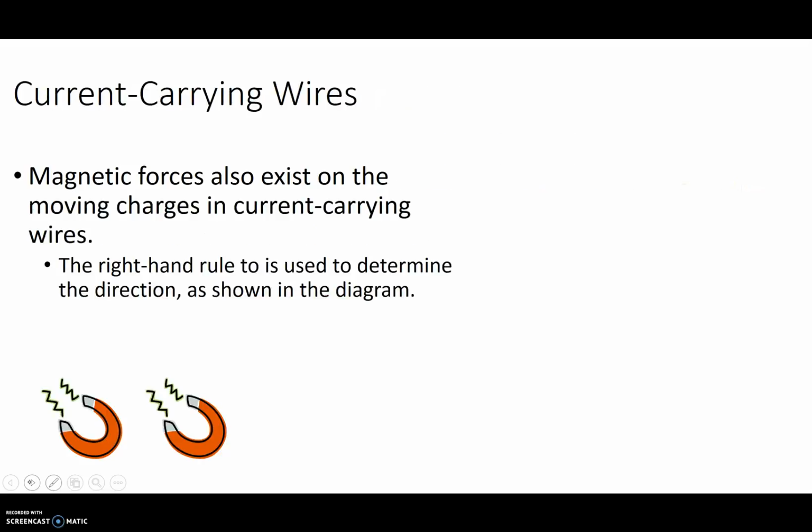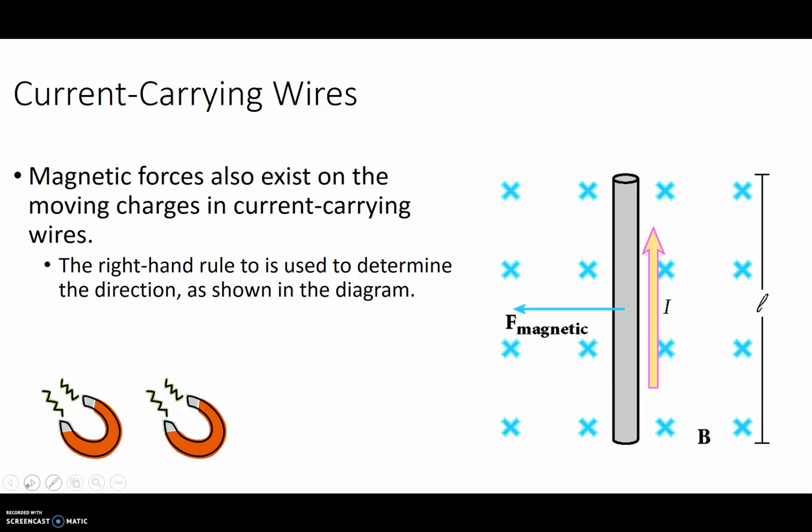And so if we just follow this basic rule, we got our current-carrying wire over here. We got our current going up. Our magnetic field, remember X's mean that it's going into the page. And so if we follow it, our thumb goes in the direction of our current, which is kind of like our first right-hand rule, right? Thumb in the direction of our particles moving that way.